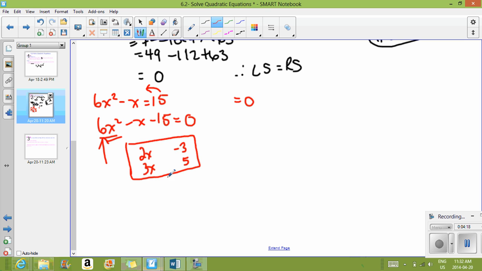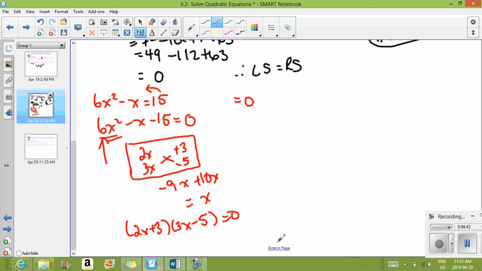So that gives negative 9 here, multiply across, negative 9x plus 10x equals positive 1x. We want it to be negative, so we're going to make this one negative and this one positive, and then that fixes it. So factored, we have 2x plus 3 and 3x minus 5 equals 0.